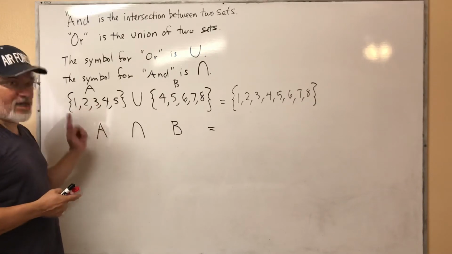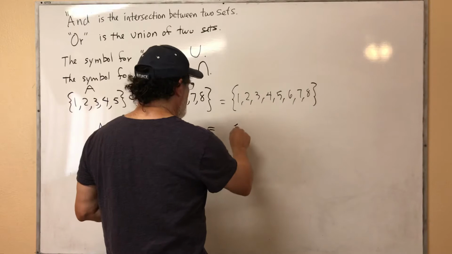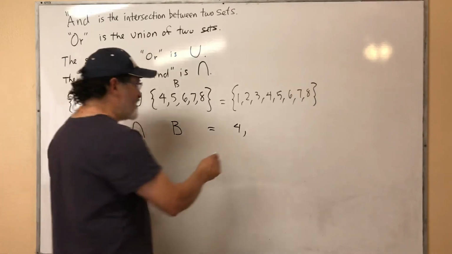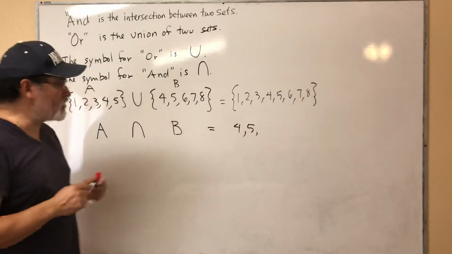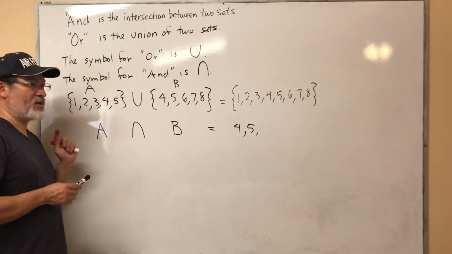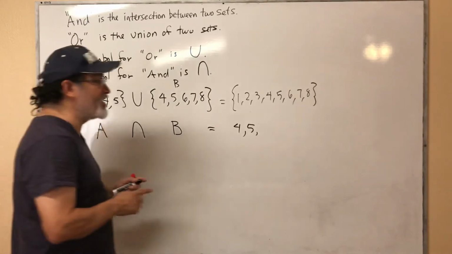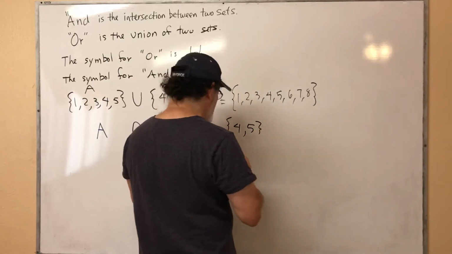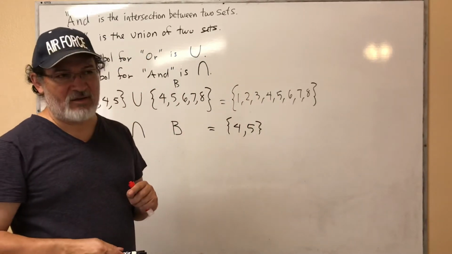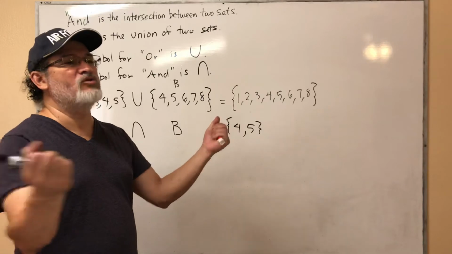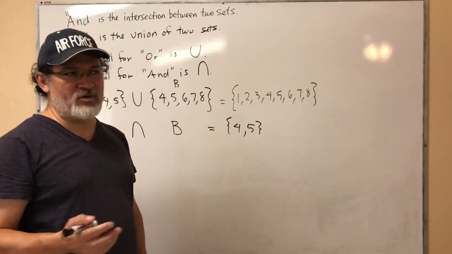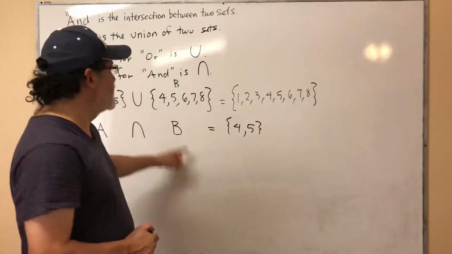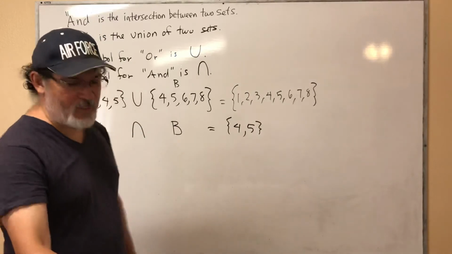Is 4 in both? Yes. So 4 is in the intersection. Is 5 in both? Yes, 5 is in both. So 5 is in the intersection. Is 6 in both? No, 6 is not here. 7, not here. 8, not here. So that is the intersection right here. So for the intersection, we want what is in both sets. For the union, we just unite any numbers or elements that are listed in both sets get listed one time, as in 4 and 5. Okay, so there we go, right there.